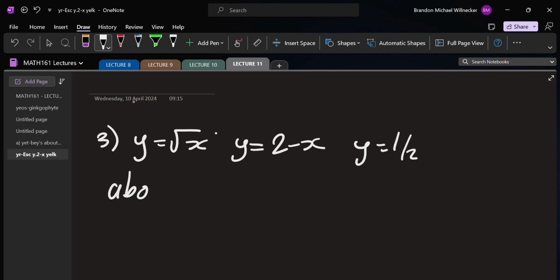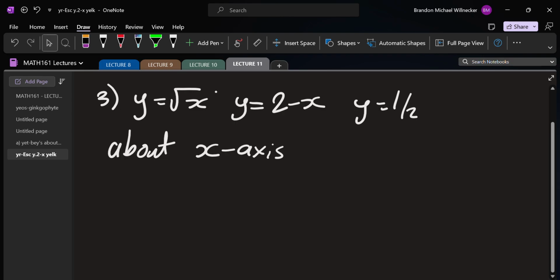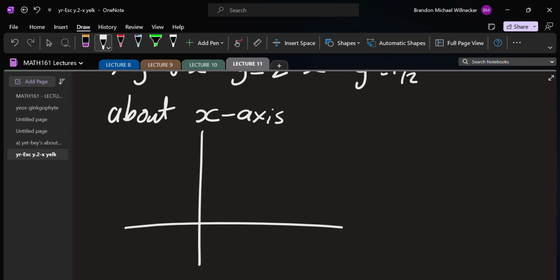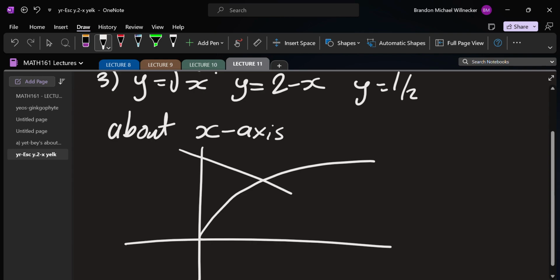So here we had y equals root x, y equals 2 minus x, y equals a half, about the x-axis. We need to sketch this first and then see what we need to do. Y equals root x looks like that. Y equals 2 minus x looks like that.